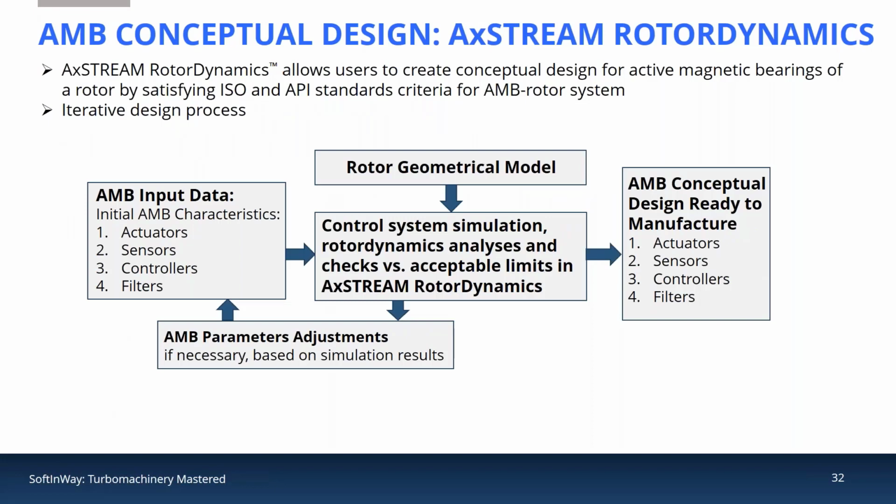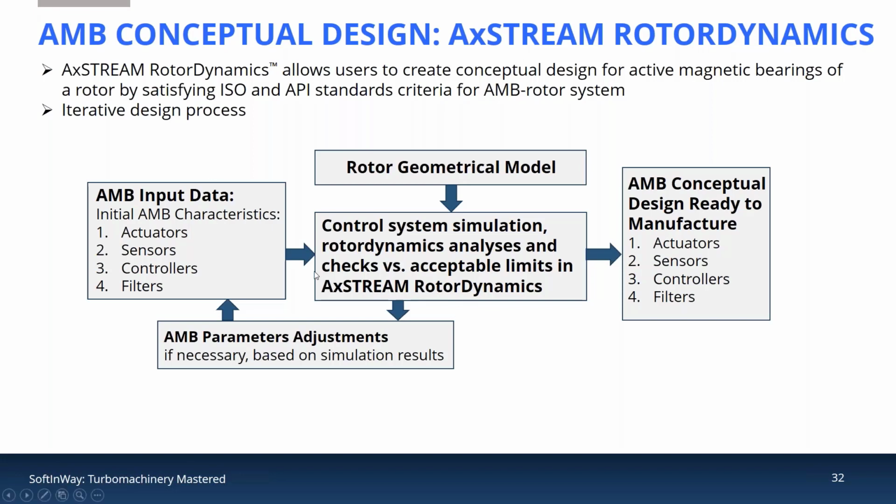Extreme Rotor Dynamics allows users to create conceptual designs for active magnetic bearings of a rotor by satisfying ISO and API standard criteria for AMB rotor systems. As input information, we need to apply initial parameters of AMB components and the rotor geometrical model.